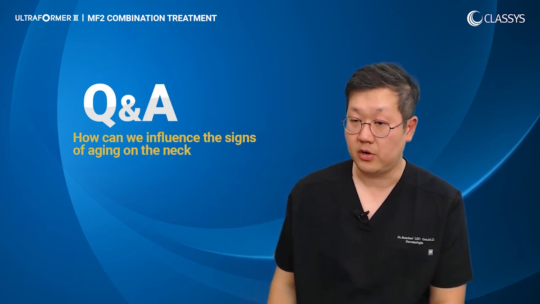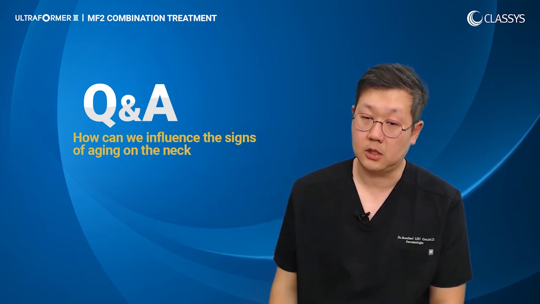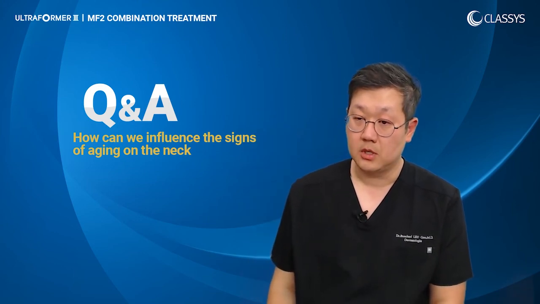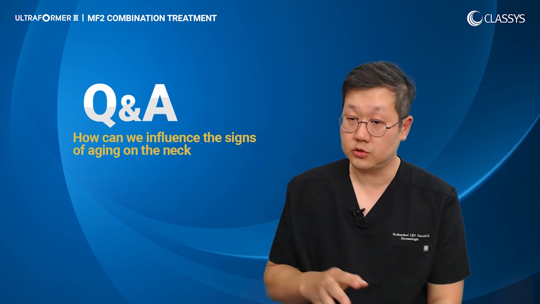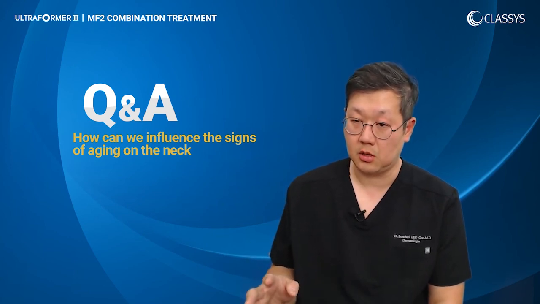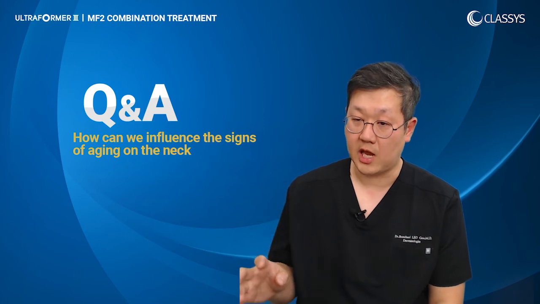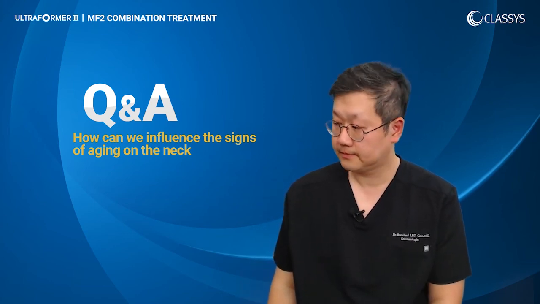So I prefer it for the neck and the dorsum of the hands, and usually it lasts longer than ultra-focused sound treatment only. And also, the combination treatment exceeds the maintenance of hyaluronic acid injection only. So it's very obvious.